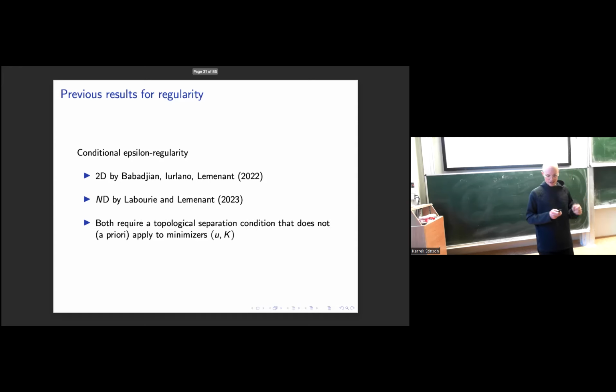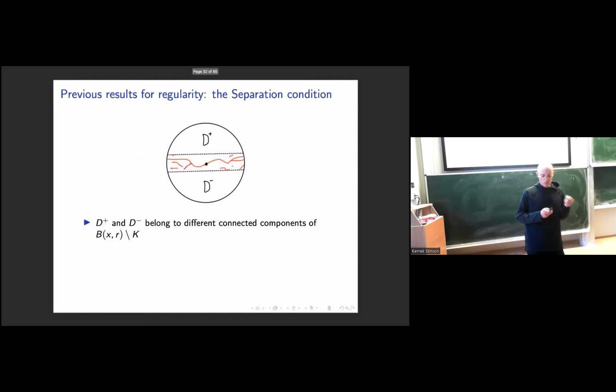Now, these are conditional, and they both rely on an assumption for the structure of the crack, which is that the crack is topologically separating. So they make an a priori assumption on the topological nature of the crack. And our goal is to figure out how you don't do that. So what is this topological separation condition?